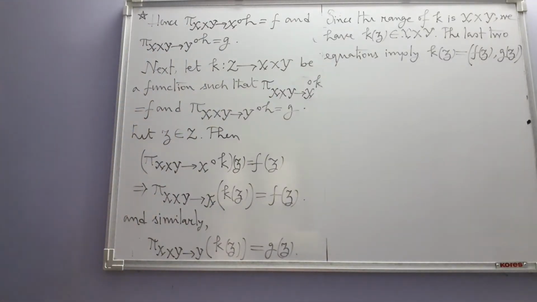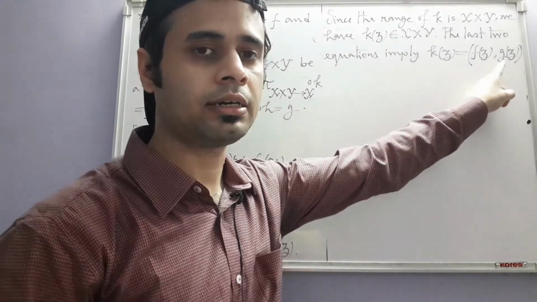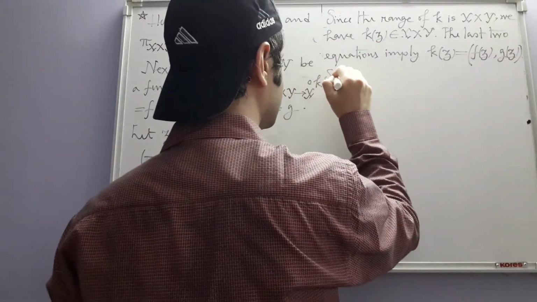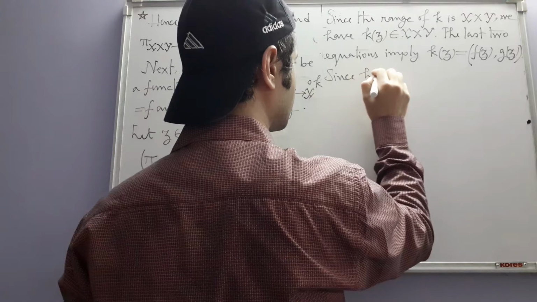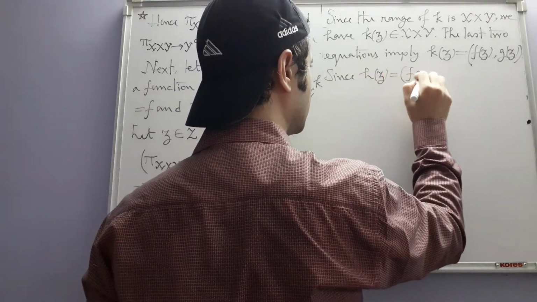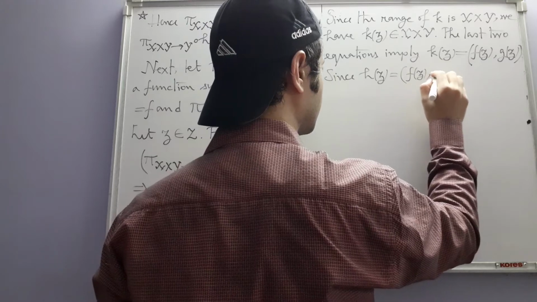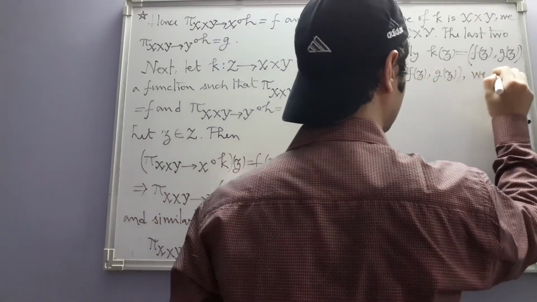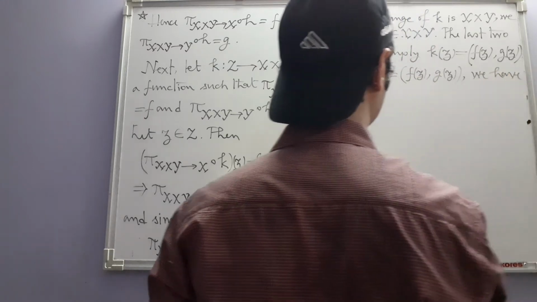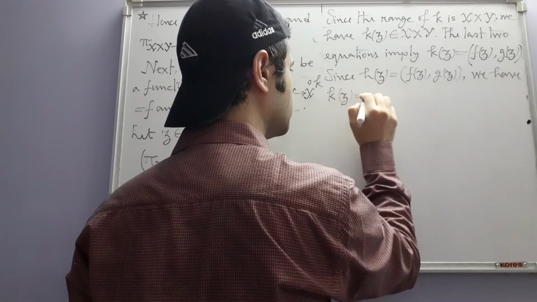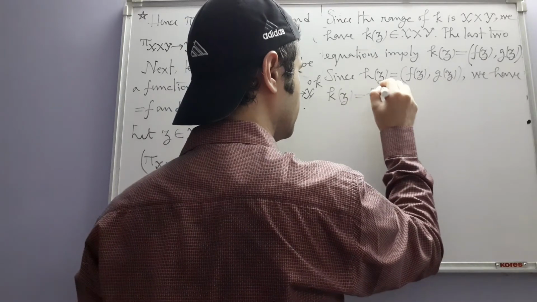But we already know that this is nothing but H of z, since H of z is also equal to this. So we have K of z is equal to H of z.